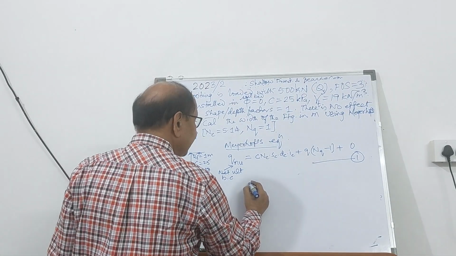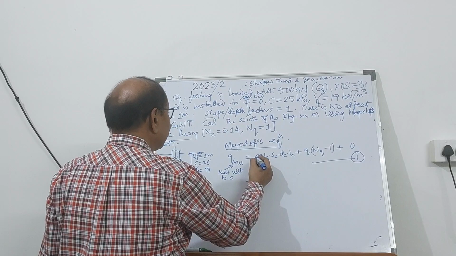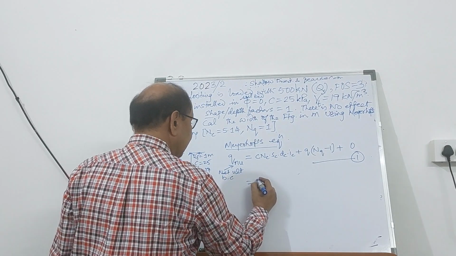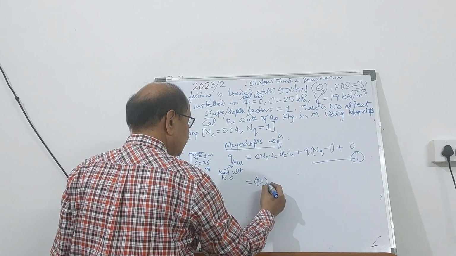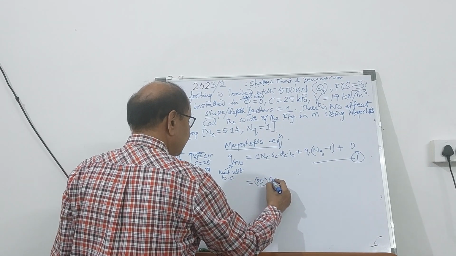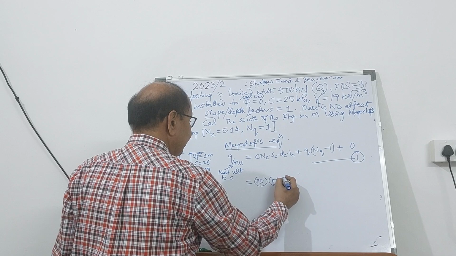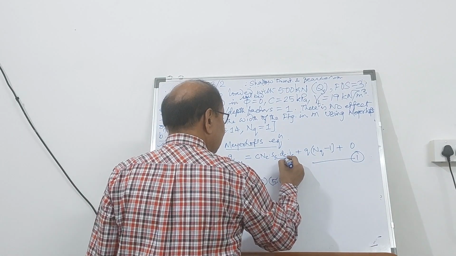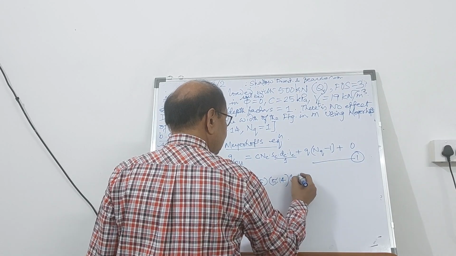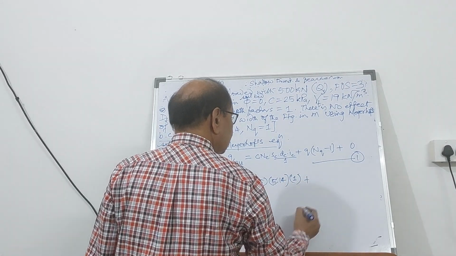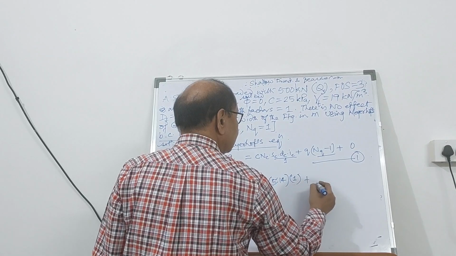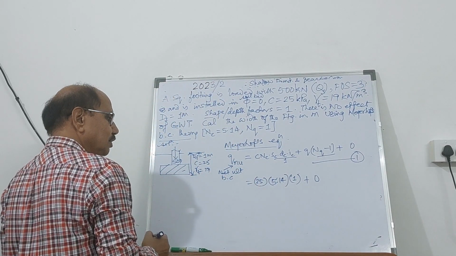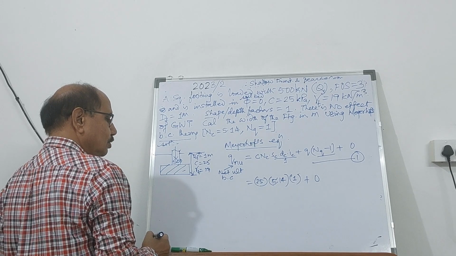So net ultimate bearing capacity will depend upon C. C is already given to me as 25. Nc is already given by Meyerhof. And these factors are 1. Now Nq is 1, so Nq minus 1 becomes 0. This term becomes 0.